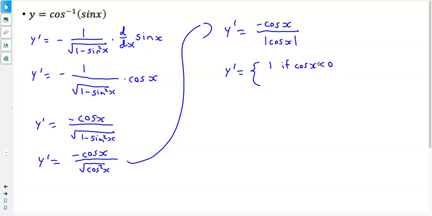If cos x is less than 0, we'd have a negative here, canceling off this negative, giving us a positive, divided by the same value but positive, which gives us 1. It makes it negative 1 if cos x is greater than 0, because cos x is positive, which means we'd have a negative times a positive, making this negative cos x over positive cos x, giving us negative 1.